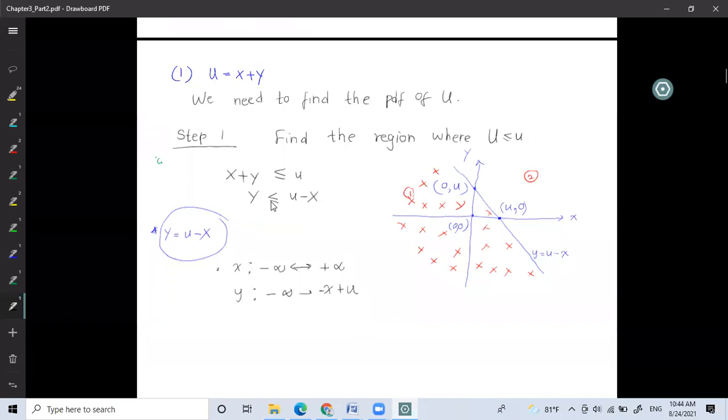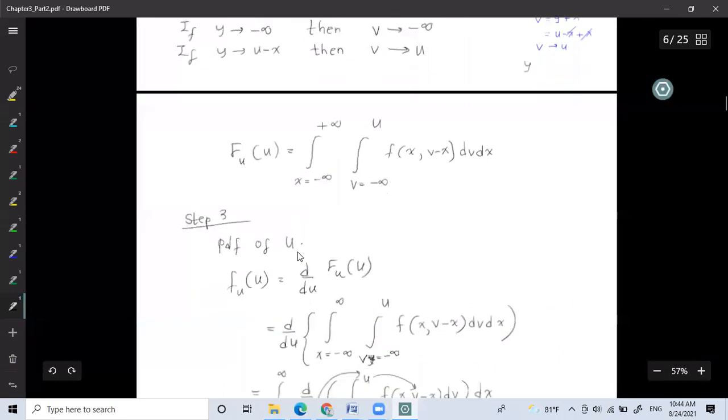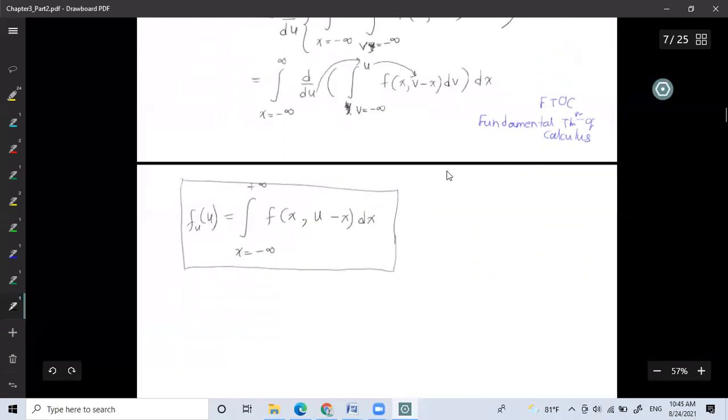So that is why we use this y less than or equal to u minus x. So when you do that, you'll end up with your final answer in this format. So this is what you should keep in mind.